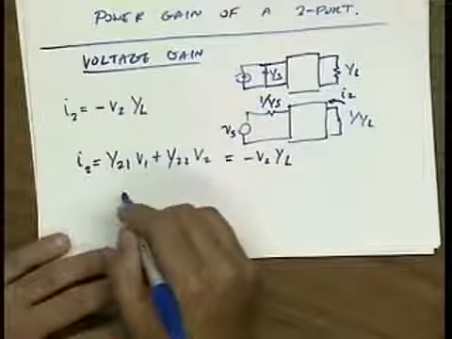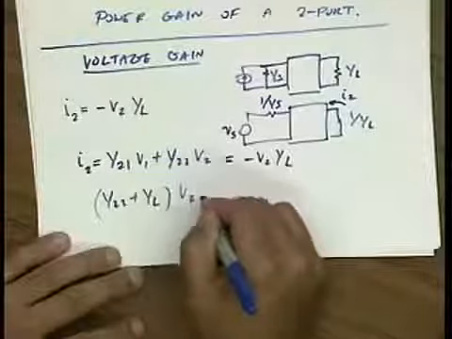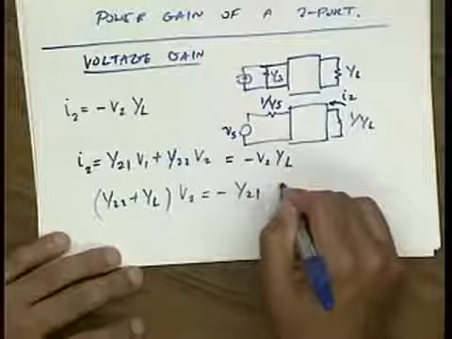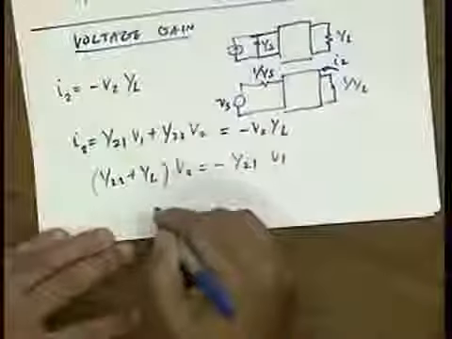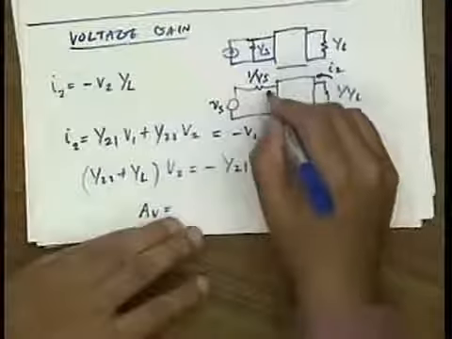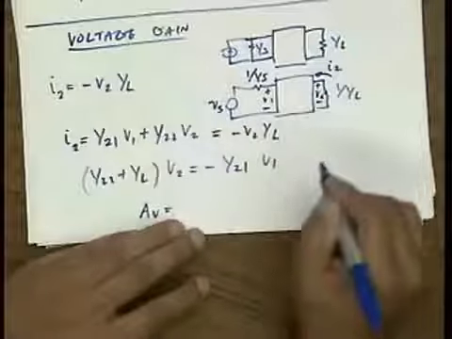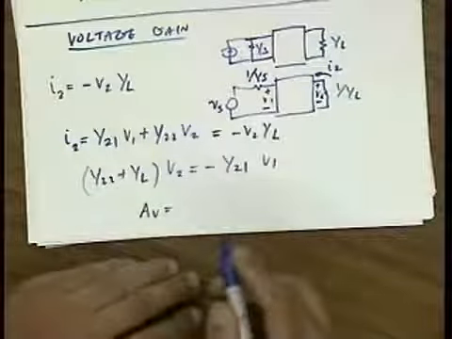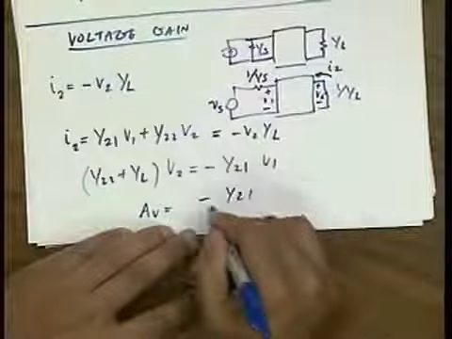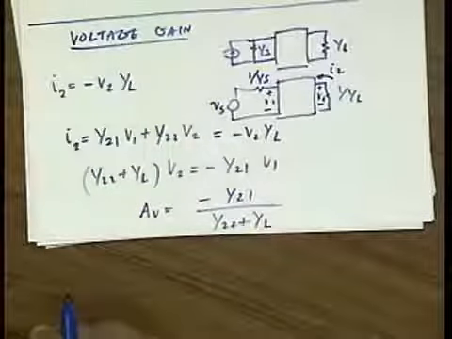Then I can write that (Y22 plus YL) V2 is minus Y21 V1. In other words, the voltage gain in terms of V1 and V2, remember this is V1, this is V2, is simply minus Y21 over (Y22 plus YL). Okay? And that's actually quite a trivial result.